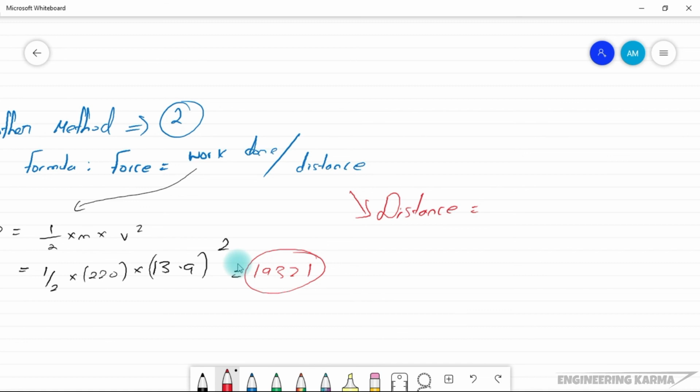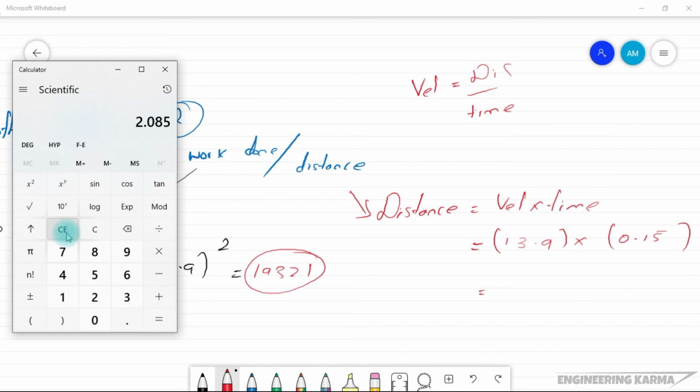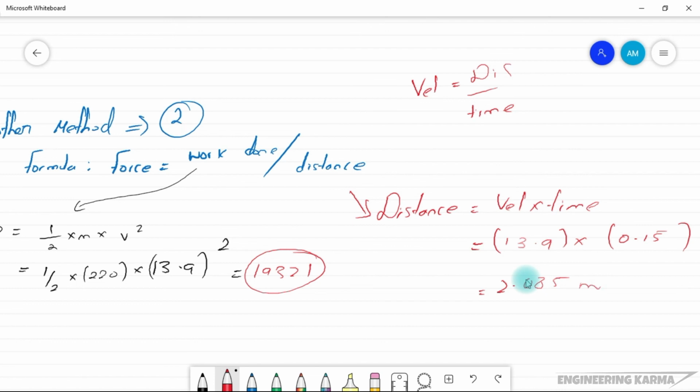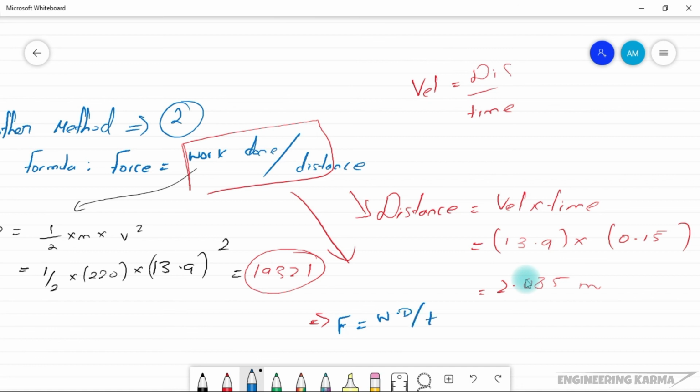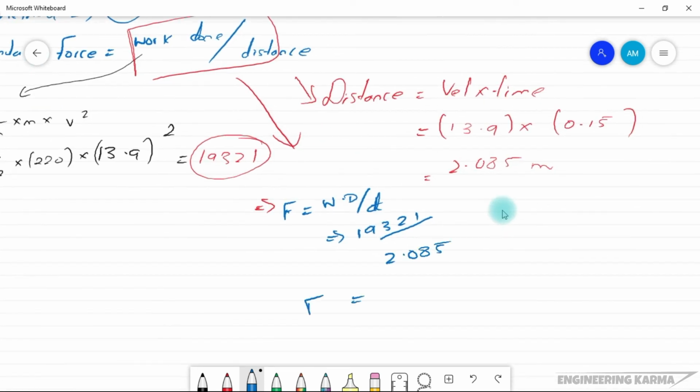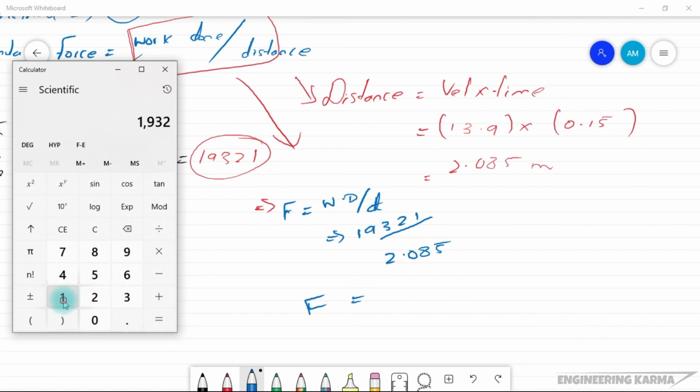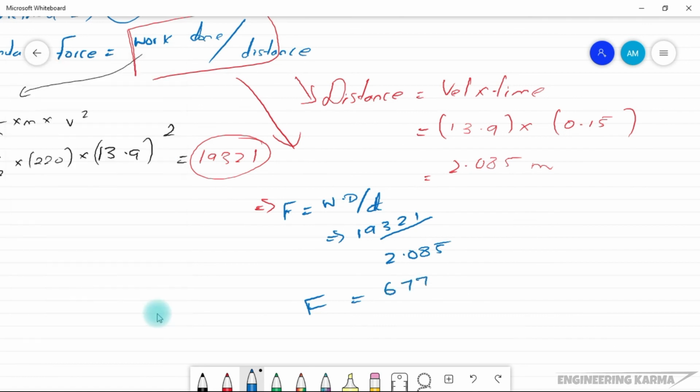The distance can be found using velocity into the impact time. We are getting a force value which is 1000 to 2000 Newton less than the impulse method.